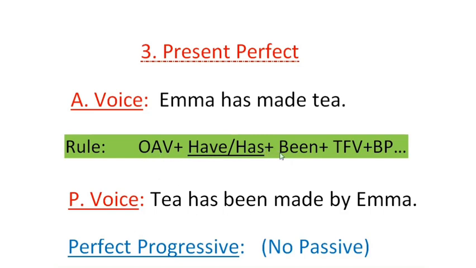Make is the verb here, and made is the third form, so made is used: tea has been made. Then comes by phrase, by Emma. This is passive voice. Active is Emma has made tea, and tea has been made by Emma. OAV plus have or has plus been plus third form of the verb plus by phrase.